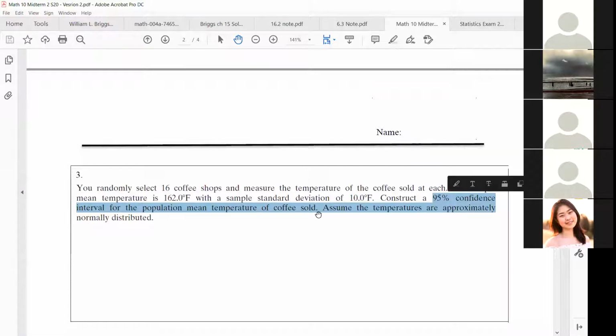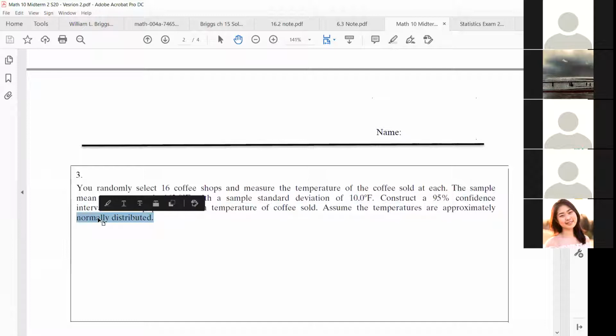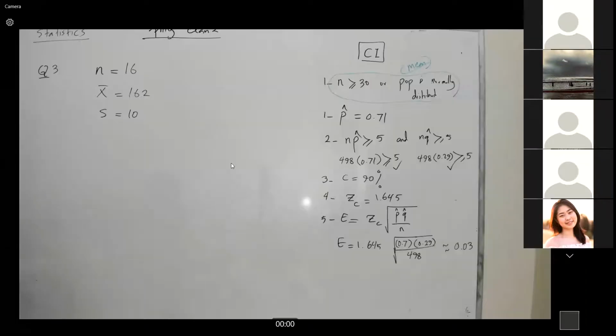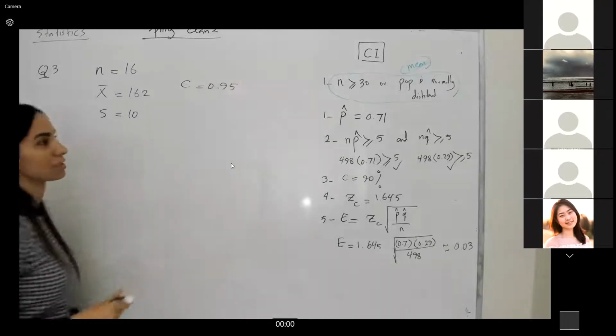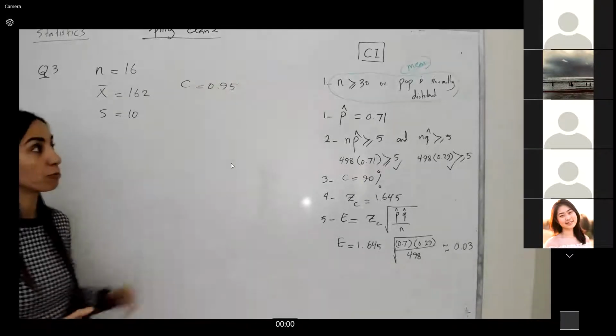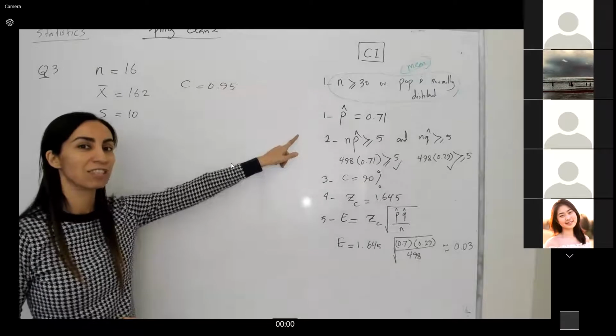And hopefully we have this information. We were waiting for this information. It's normally distributed because the sample size is small. 95%. So C is 95%. Remember that. For the previous question, we didn't have the mean.